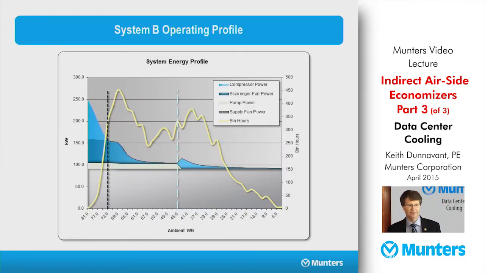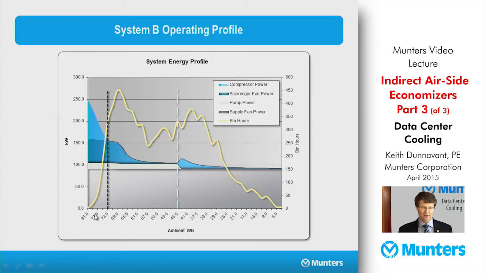Here we're looking at the operating profile for System B, and the way you read this chart is that on the x-axis is the ambient wet bulb bin condition. You've got the bin hours on the right vertical axis and kilowatts consumed on the left vertical axis.